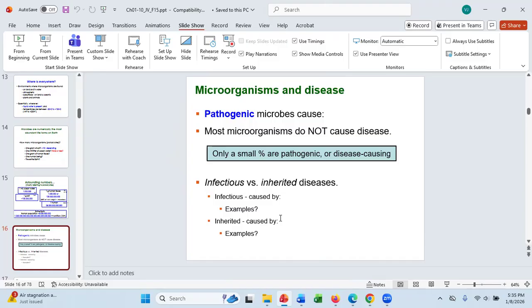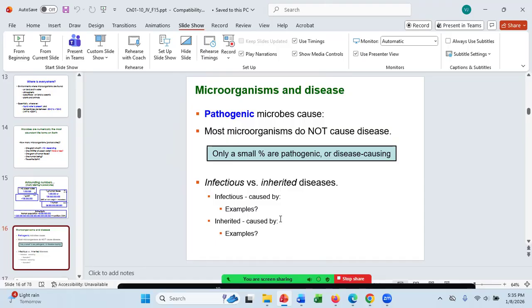That one is clearly an environmental disease, meaning it's caused by the environment. It's not really caused by the genetics, nor is it an infectious disease caused by a microorganism. But there are many diseases like diabetes, which actually has a genetic component.